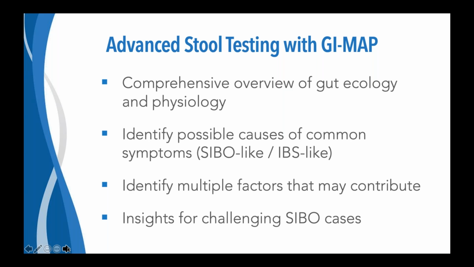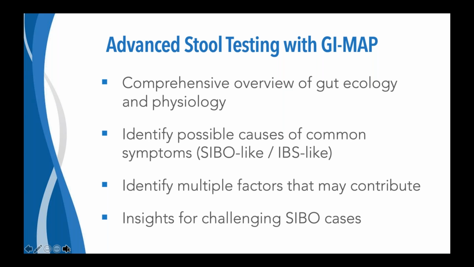Sometimes you may have more than one factor. So you may have a combination of hypochlorhydria, poor pancreatic function, so reduced digestion, potentially malabsorption as well. And then also overgrowth of certain opportunists. In some cases, those can further contribute to symptoms, such as candida and pseudomonas. So really getting into the details is one of the key advantages of comprehensive stool testing for patients that have these common symptoms.